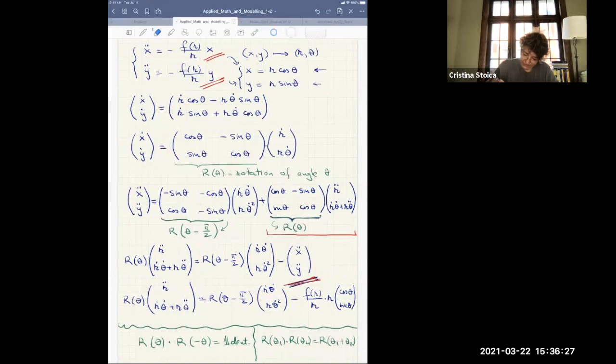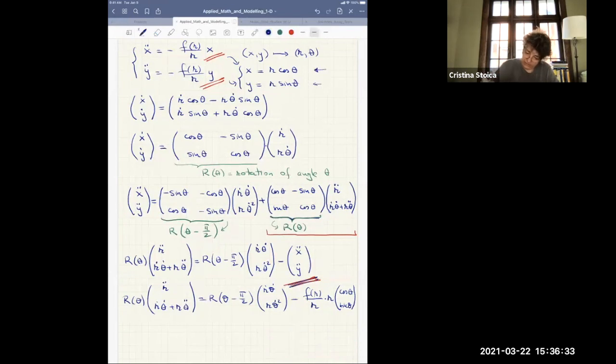All right. I'm going to take the green part away again because I don't want to flip the page yet. So r with r is going away. And then I can isolate this stuff. So it's r2 dots, and then r dot theta dot plus r theta 2 dots is r of minus theta, right?